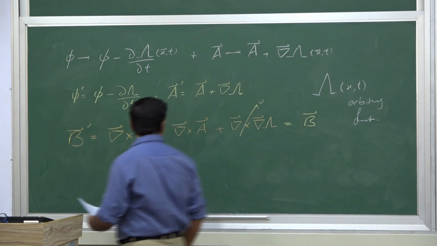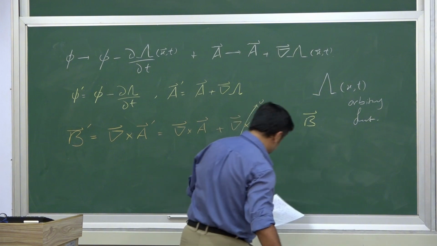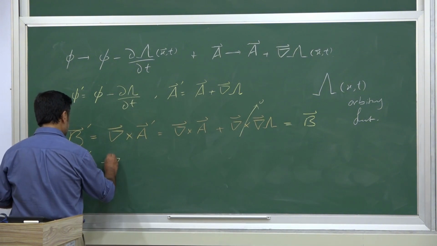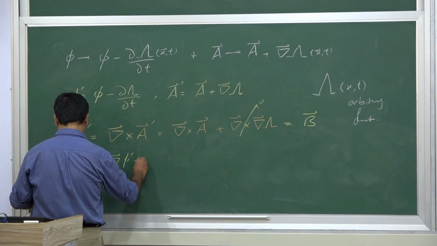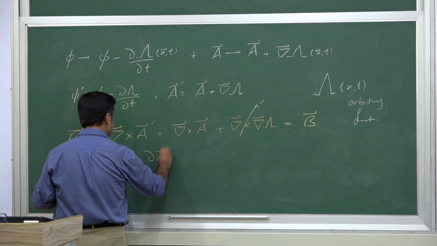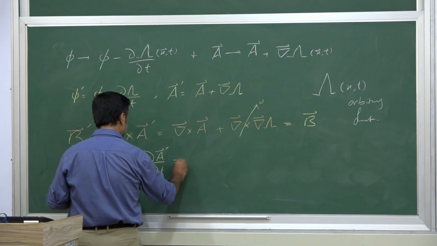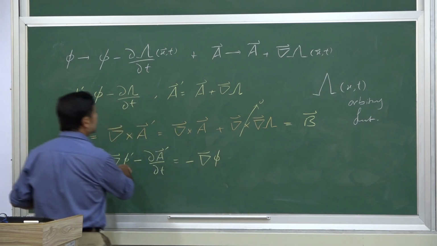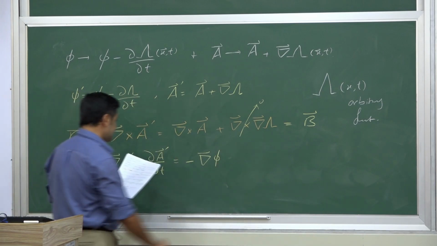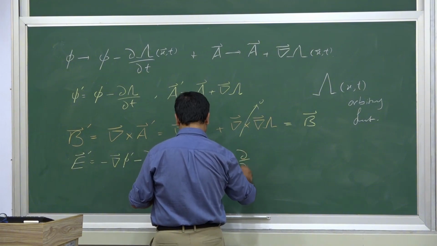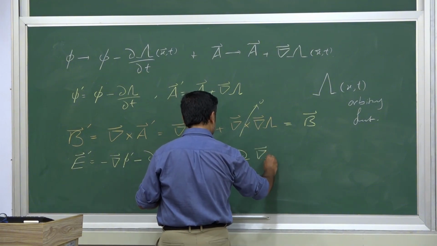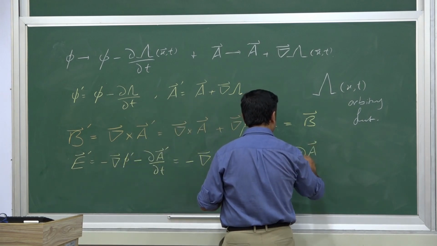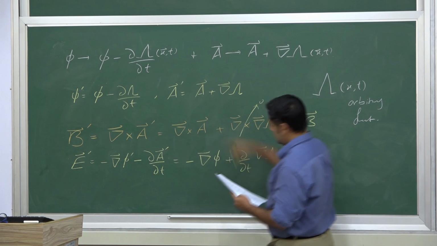Similarly, for the electric field, this was the formula. I have shifted my phi by this, so I get this, and I have shifted my A by that, so I get that.